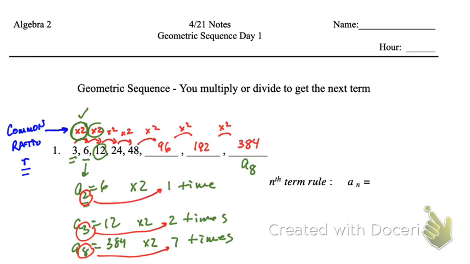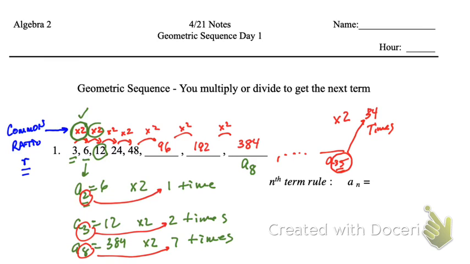So if we wanted to find the 35th number in line, you'd multiply by 2 34 times. We can figure that out just by the position we're in. It's always 1 less. You just subtract 1.